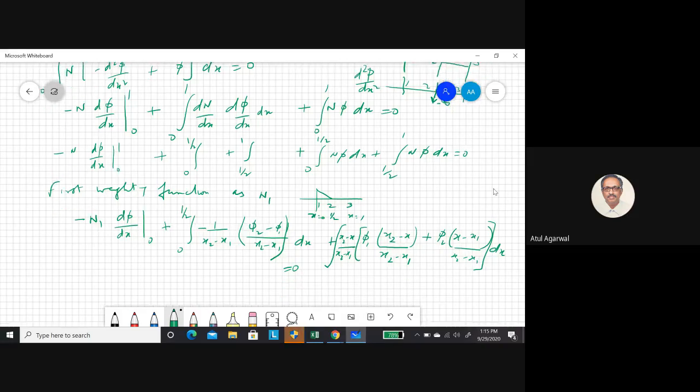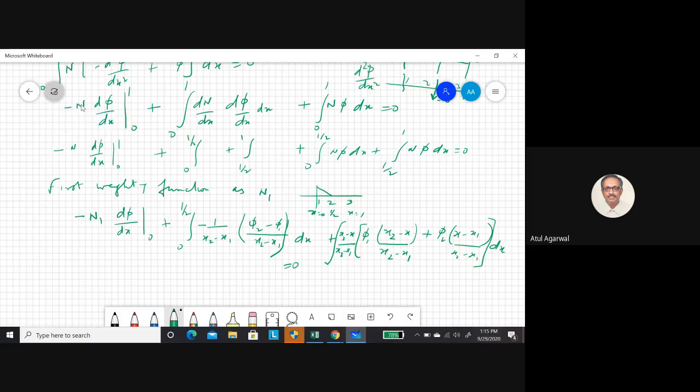So you see, you have chosen your weighting function n and put the values in this equation. N is n1. Phi is given by what we had assumed by interpolation. So using this equation, we get one algebraic equation.